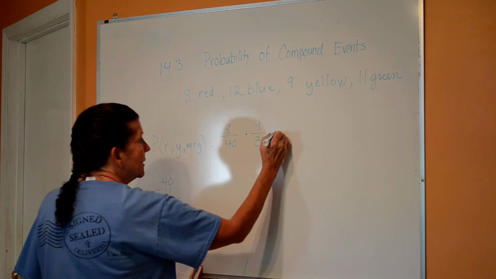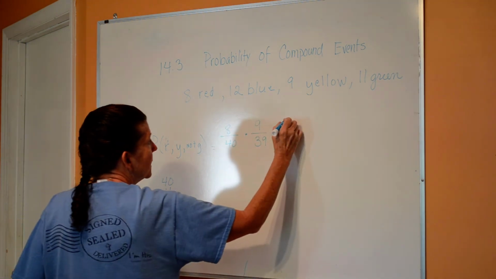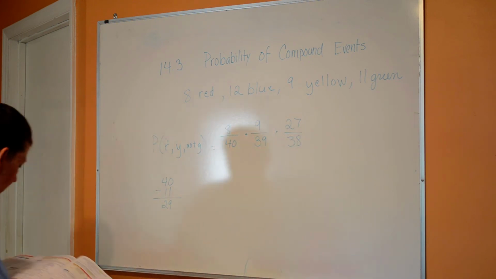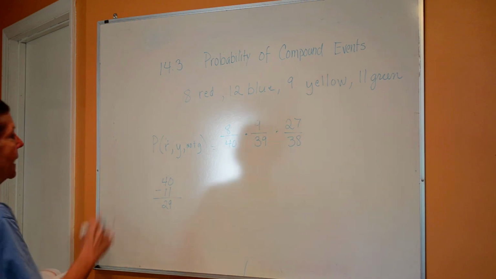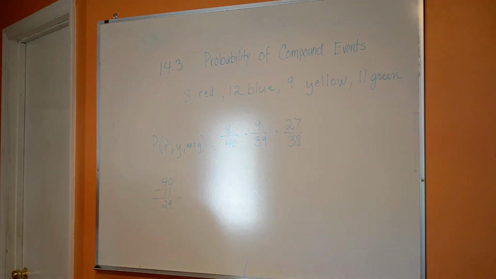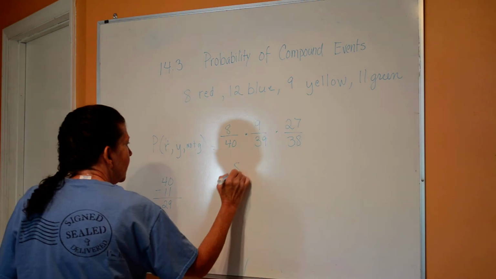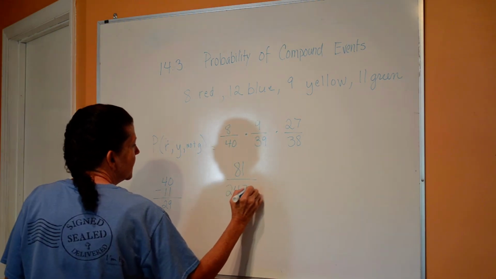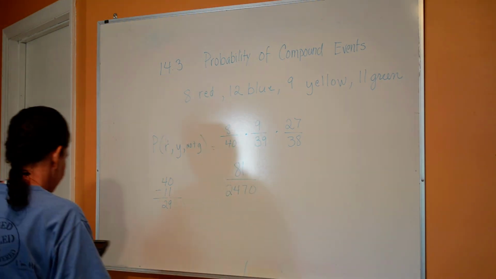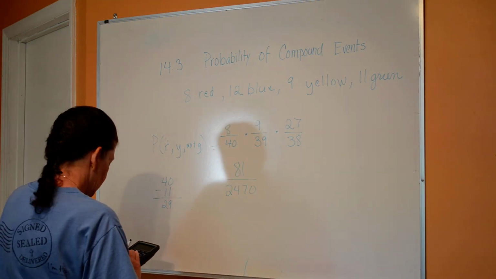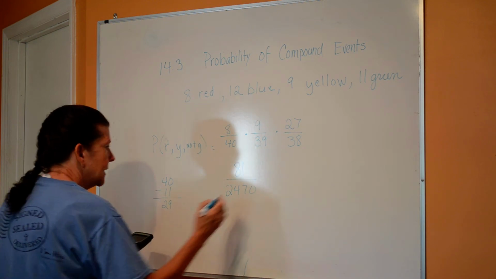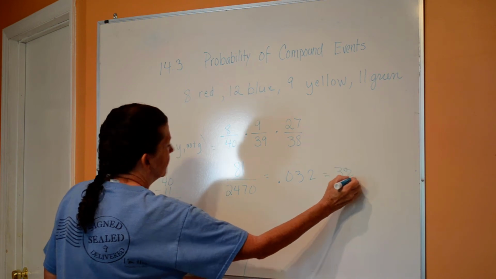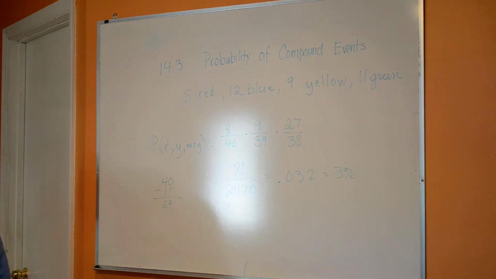So I get 29 minus these 2 is going to give me 27/38, okay? Multiply that all out and you would end up getting 81/2,470, which is going to give me decimal 0.32 or 3%. Okay, so you can see how that's done out.